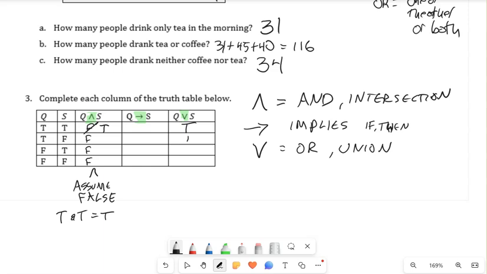Yes, Q is true. Is Q true or S true? Yes, S is true. Finally, we get, is Q true or S true? No, they're both false, so that one is false. So they're almost all true. So this one, I assume true.